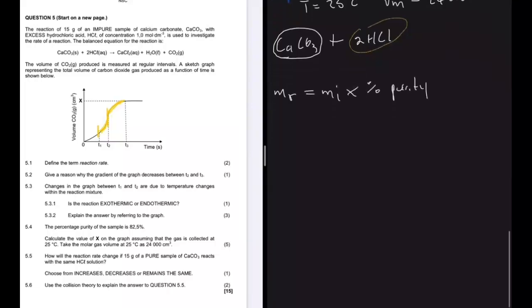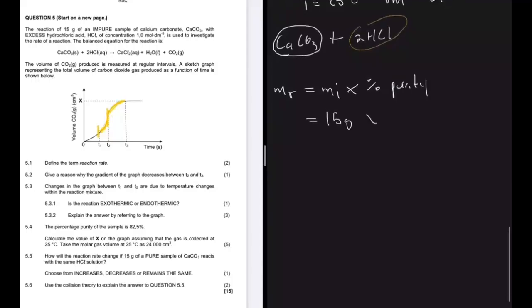So that will be equal to, we know that the initial mass is 15 grams multiplied by 82.5%, so 15 multiplied by 82.5 percent, that gives me 12.375 grams. So that's the mass of calcium carbonate that reacted.